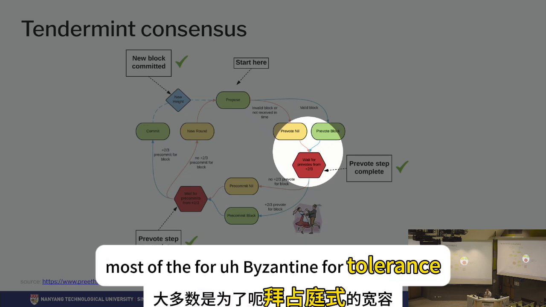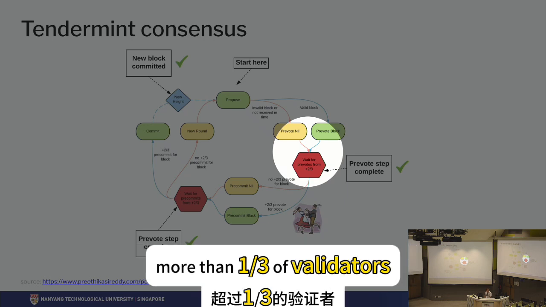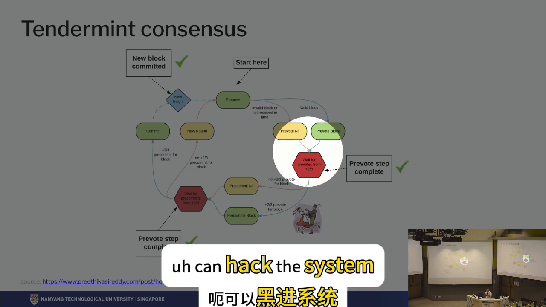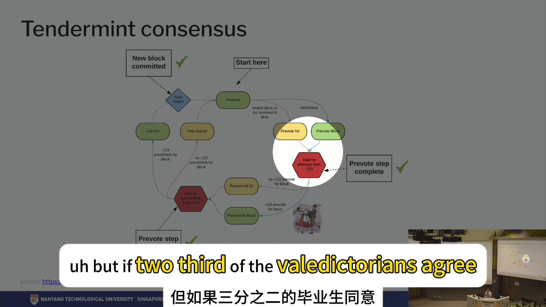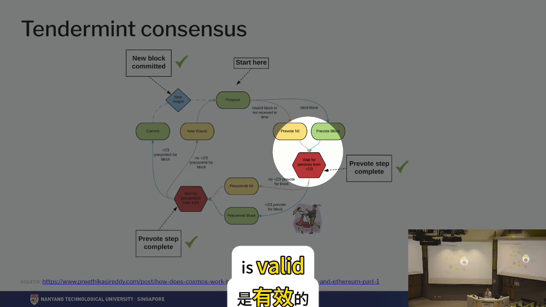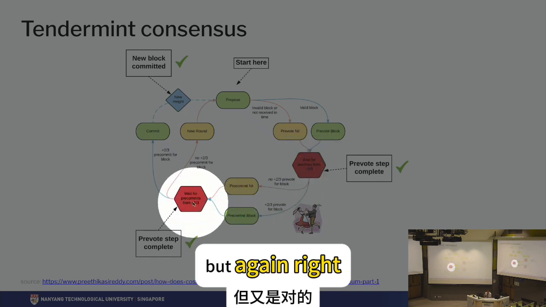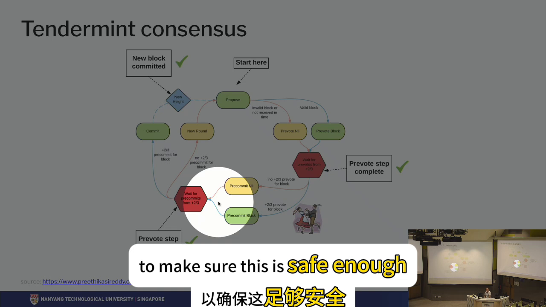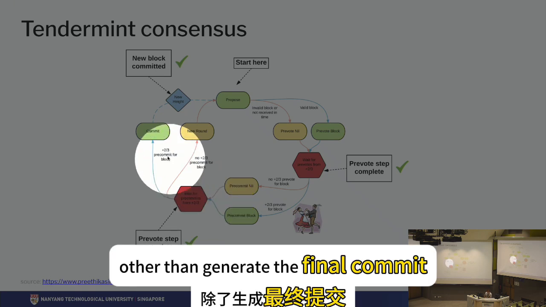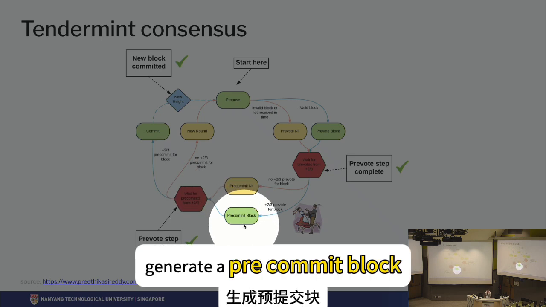In most Byzantine fault tolerance consensus algorithms, more than one third of the validators can hack the system. But if two thirds of the validators agree that the proposed block is valid, they can generate the next block. To make sure this is safe enough, rather than generating a final commit, they first generate a pre-commit.